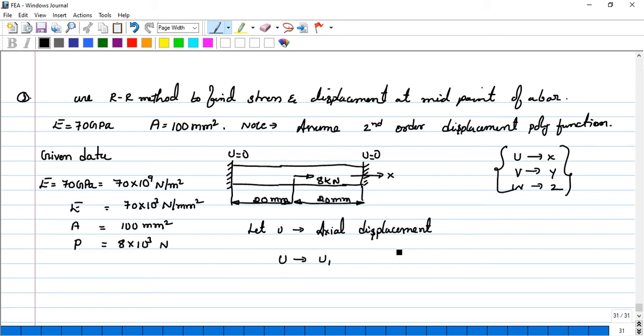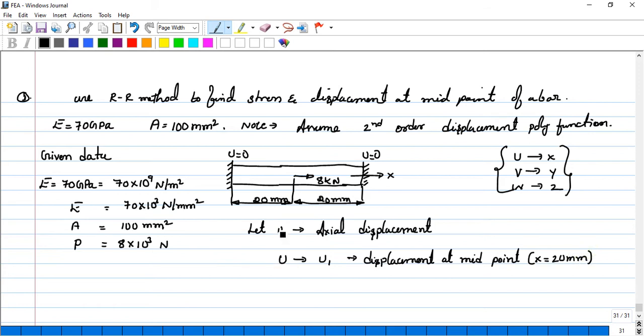We consider this as the displacement at the midpoint, meaning their x will be 20 mm.